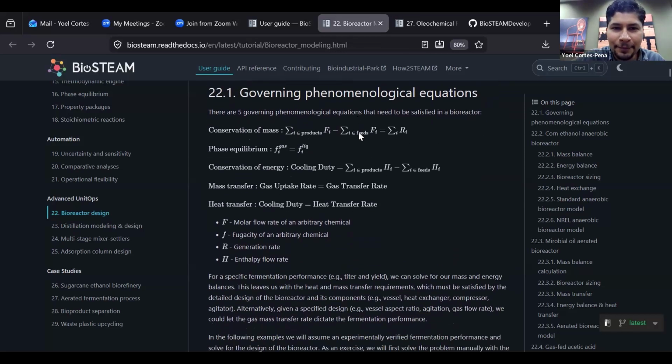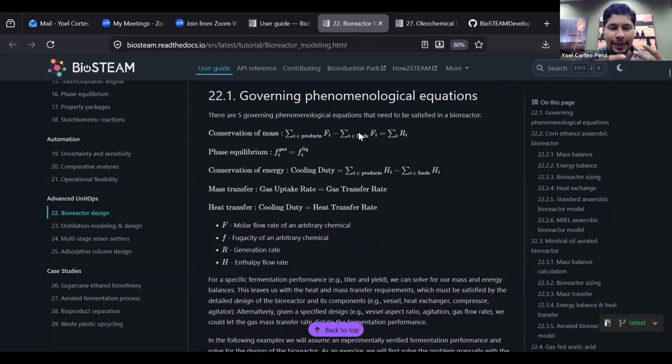All right. Now, for a bioreactor, we have 5 governing equations. We have conservation of mass, and here I've written it in terms of the feeds coming in, right, and the products. So out minus in equals generation.